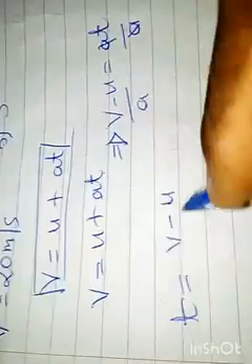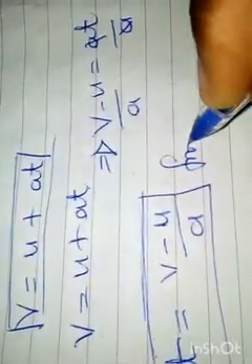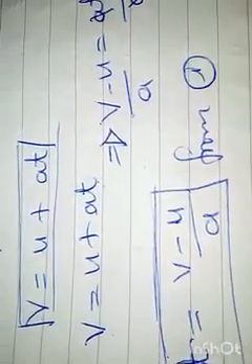Finally, t is equal to v minus u over a. This is the formula you're now going to use. This formula is derived from equation 1, just by making t the subject of the formula. And now it can easily be solved.